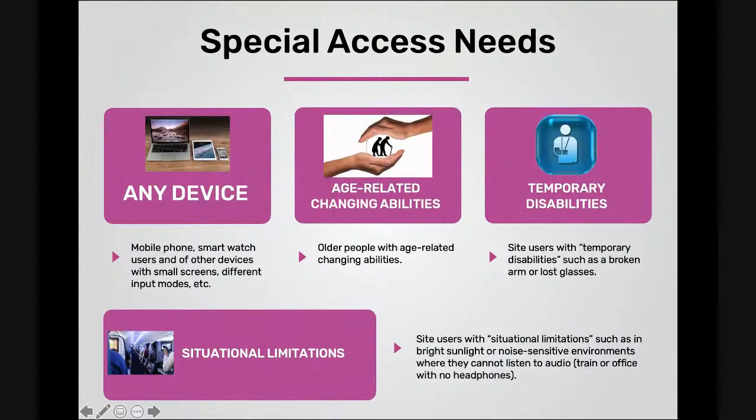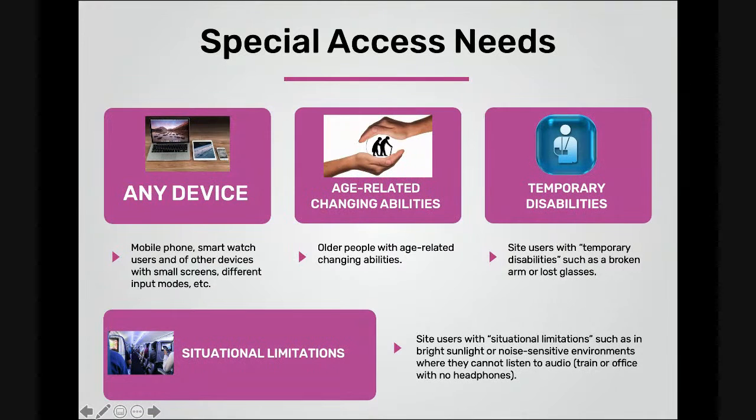Now, special access needs actually also affect devices. So if a website is not compatible with mobile devices or smaller devices, like, as you can see here, a laptop, an iPad, or a smartphone, or even smartwatch users, smaller screen devices, then it is not accessible to people that want to use such a device.